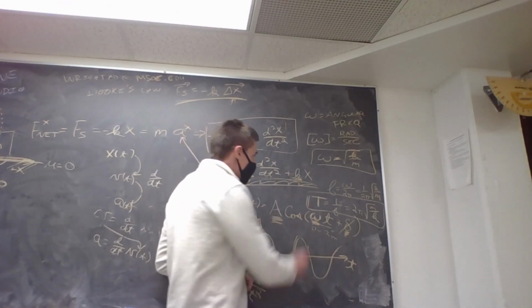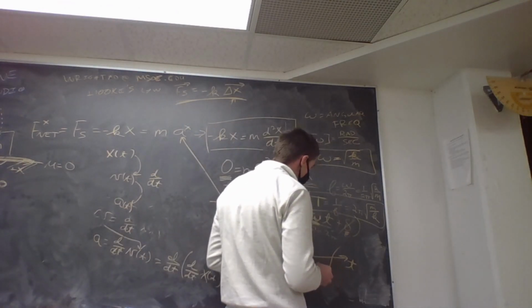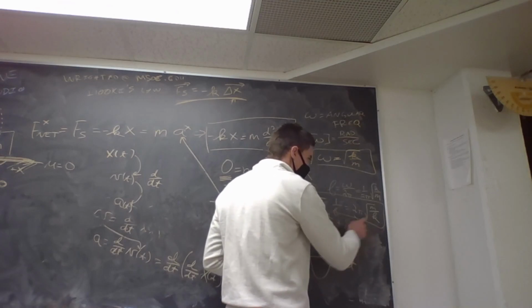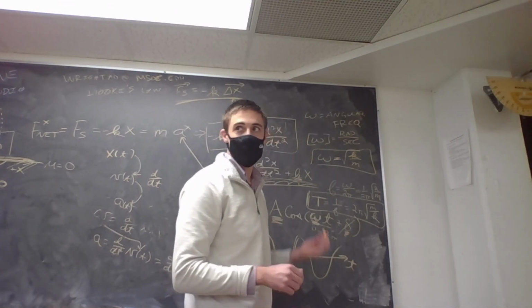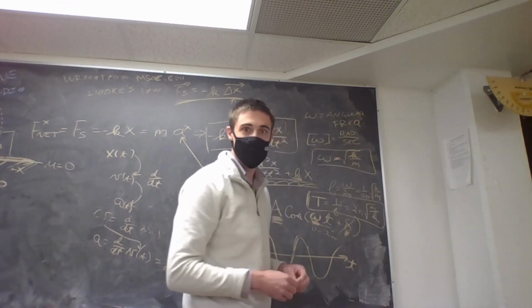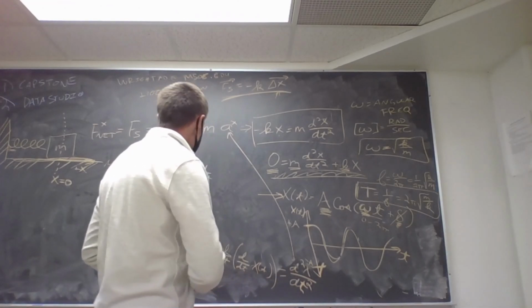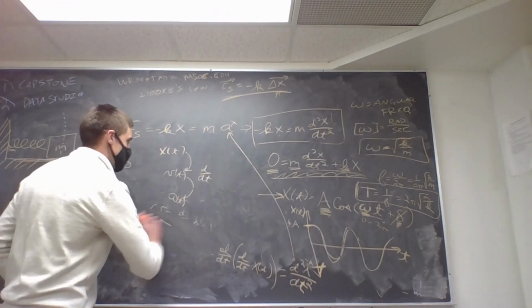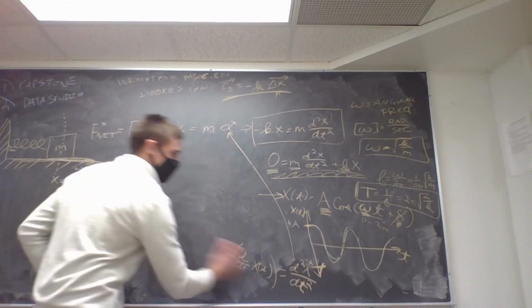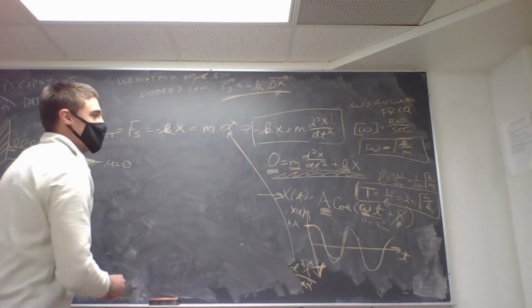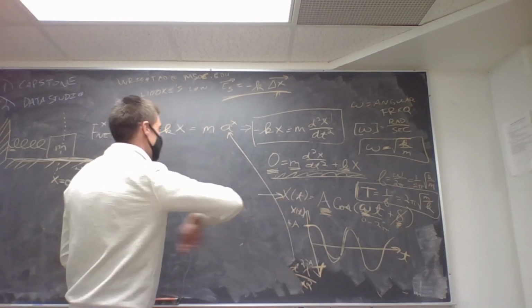But this one here would make the regression kind of hard because there's a square root in it. So I'm just going to do some math to make this easier for you. I'll take that formula for the period and square both sides.